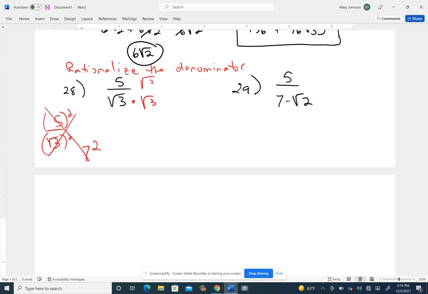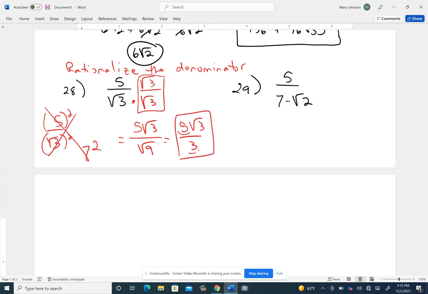It's multiplying the top and bottom by the same thing. See, then that's really equal to 1, so I have not changed the original problem. And my answer would be 5 square root of 3 over the square root of 9. So it'd be 5 square root of 3 over 3. And this 5 and this 3 don't have anything in common, so that's fully simplified.